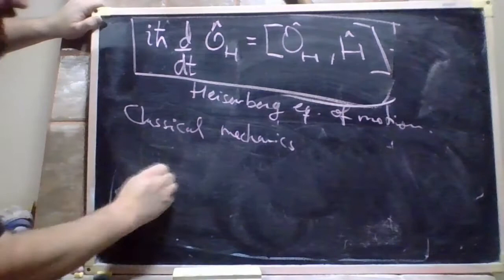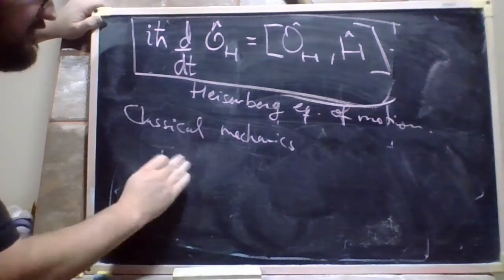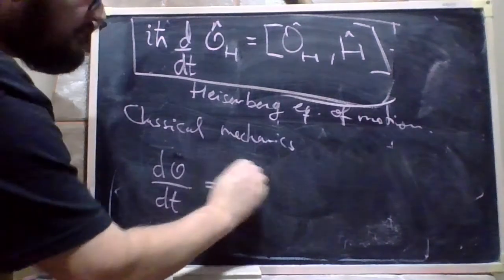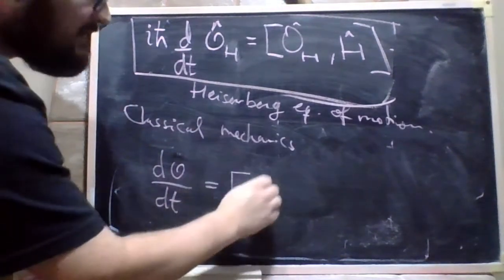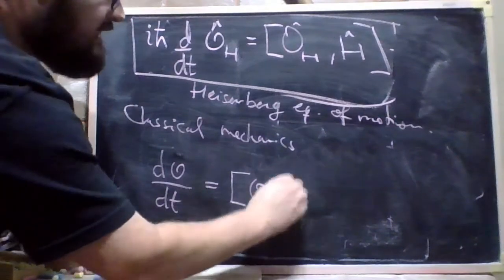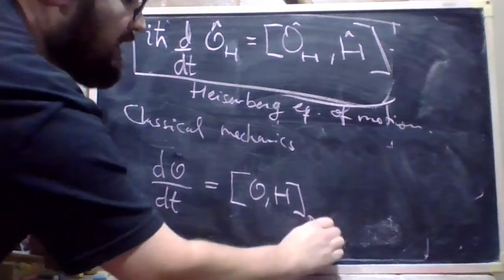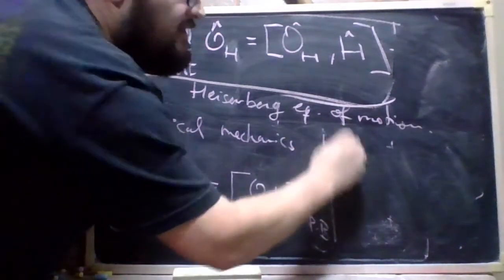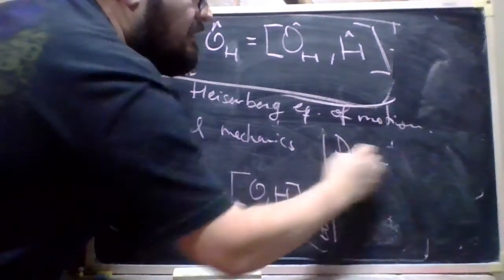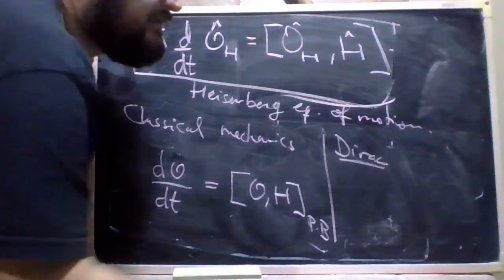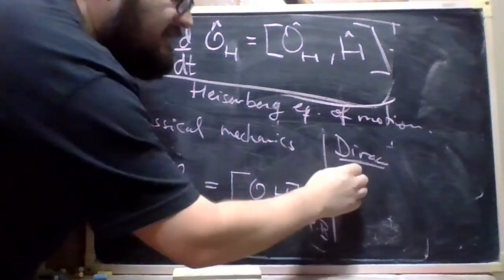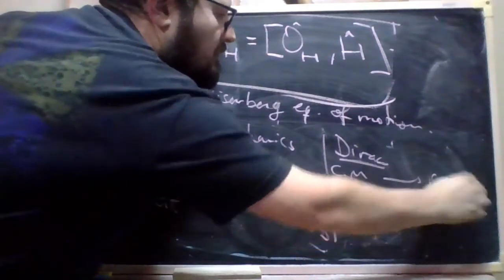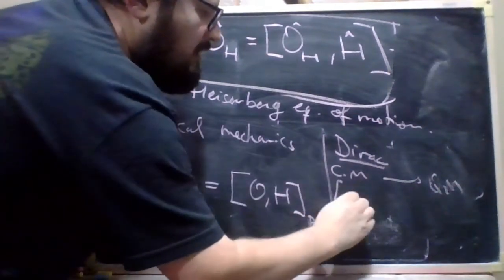You have a time derivative of a given classical operator equal to the Poisson bracket of that operator with the Hamiltonian. Again, Dirac pointed out that from classical to quantum, you replace Poisson brackets.